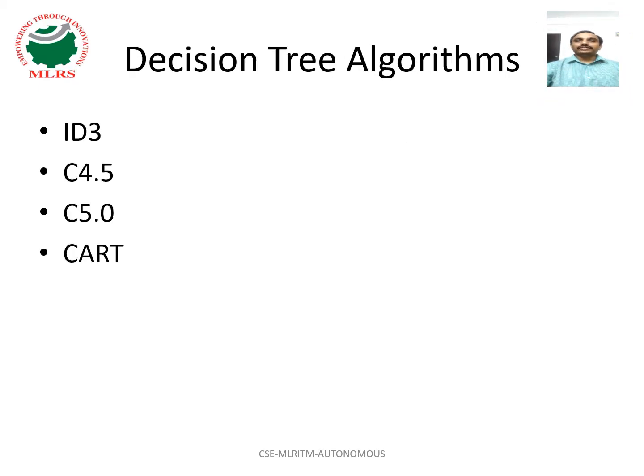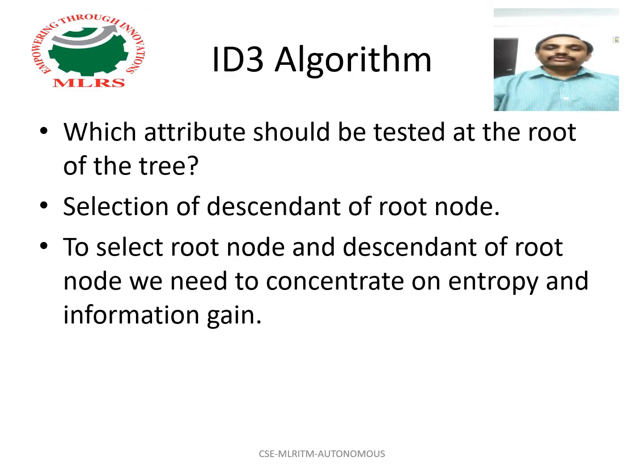The following are some of the decision tree algorithms: ID3, C4.5, C5.0, CART. In this video, we will discuss the ID3 algorithm. To implement the ID3 algorithm, mainly we have to concentrate on selection of the root of the tree.